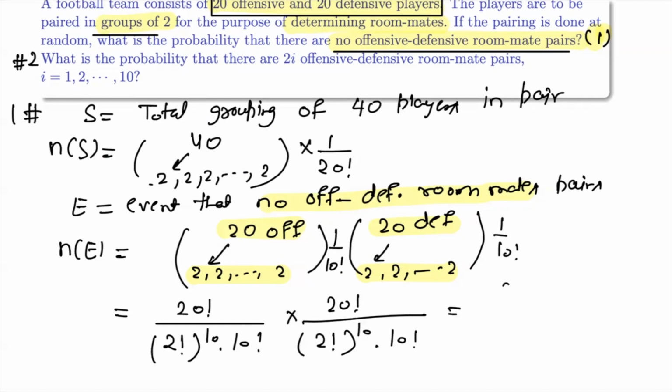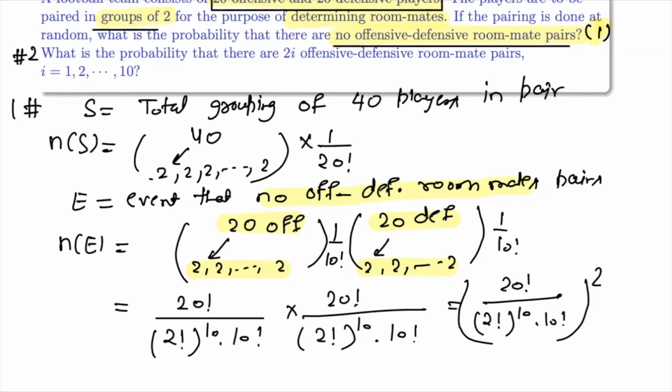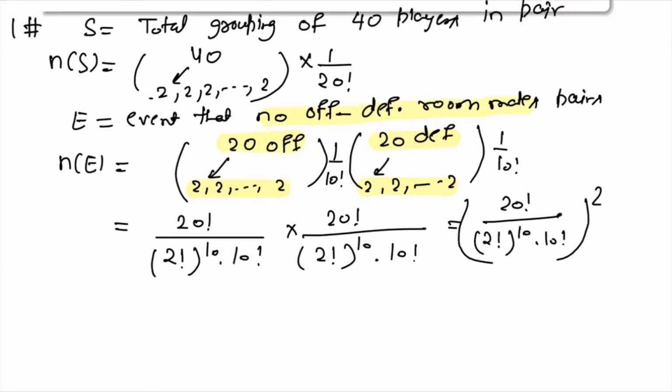So in short, you can write 20 factorial divided by 2 factorial power 10 into 10 factorial whole square. So if no issues are there, the probability of E is simply NE divided by NS. This is the answer. I hope no issues are there.